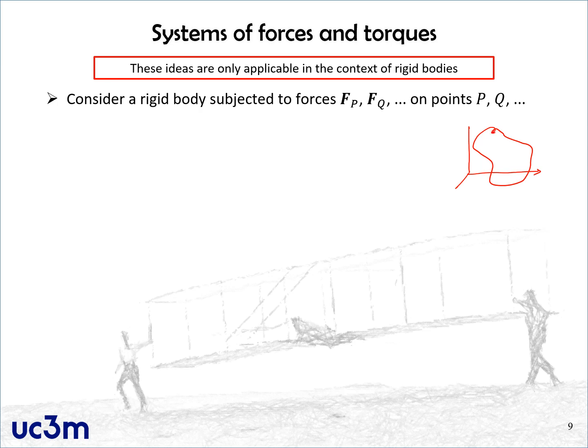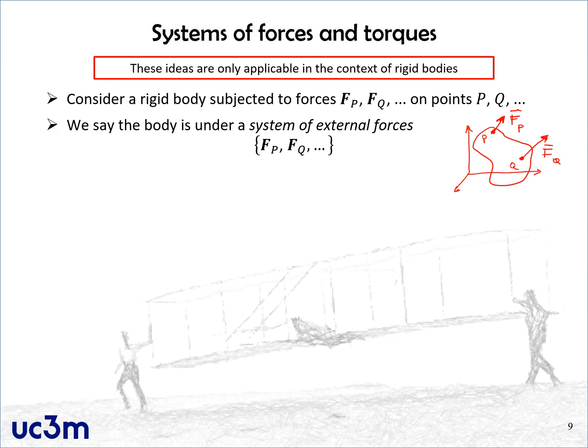Imagine that here we have point P of the rigid body, here we have point Q, and this force appears on point P, and this other force appears on point Q, for example. There may be many more. This is the general situation that we will have in actual problems. We have to solve the motion of a rigid body that is subject to some individual forces, and we have to see how we can deal with this.